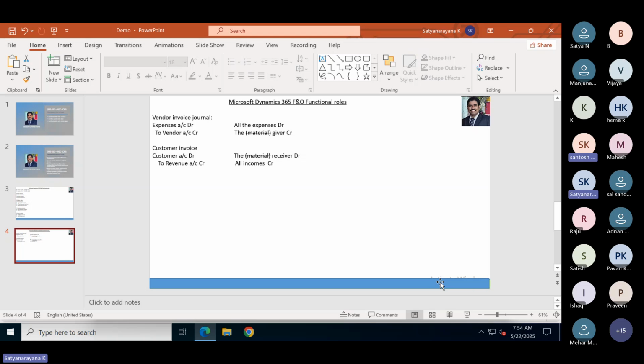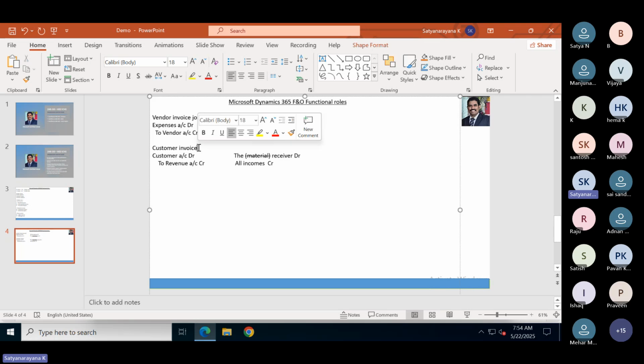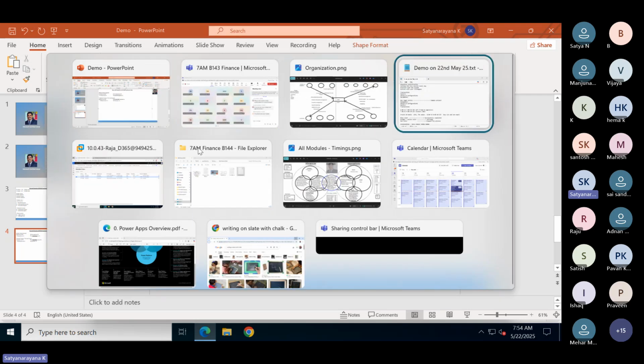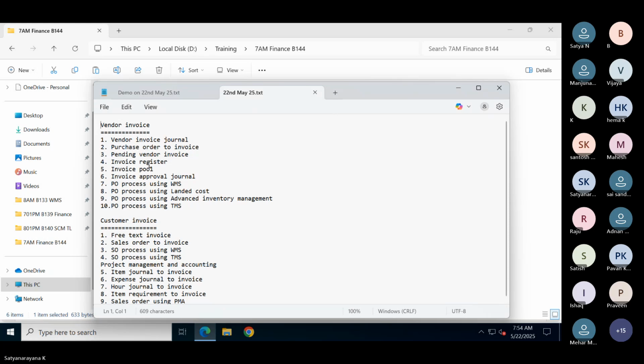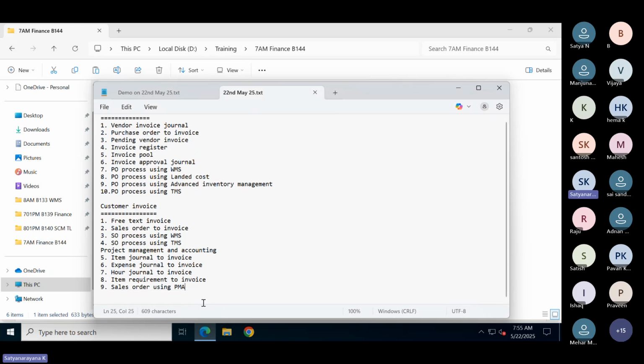Today I have introduced what is vendor invoice and customer invoice. Customer invoice here means we learned the free text invoice. Actually, there are many types of invoices you are going to learn in future: vendor invoice 10 types, customer invoice 9 types.